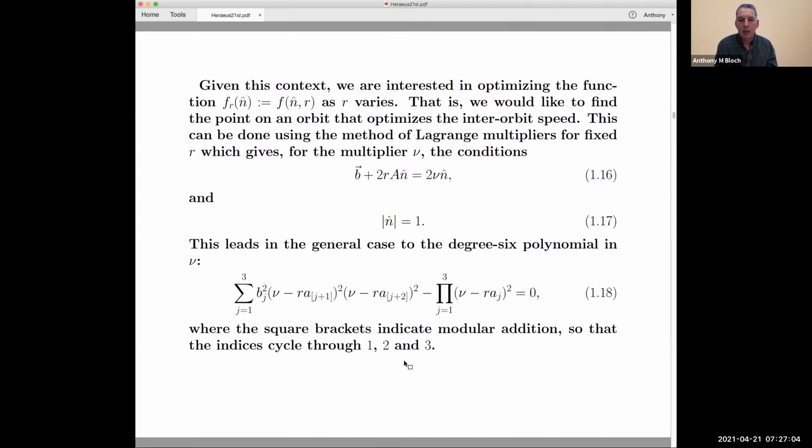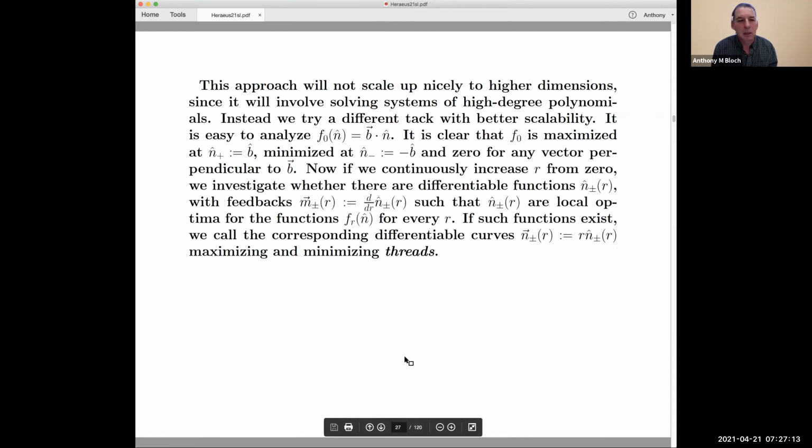This leads to an optimization problem and a 6-degree polynomial, which you have to solve. I won't go through details. It's possible in this case, but it doesn't scale up nicely to the higher dimensions you're interested in. So we're going to try a different approach with better scalability.